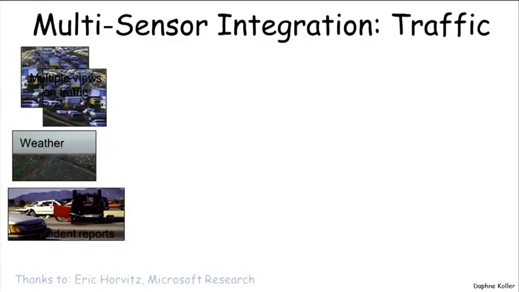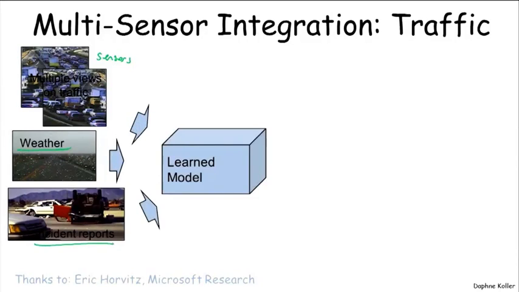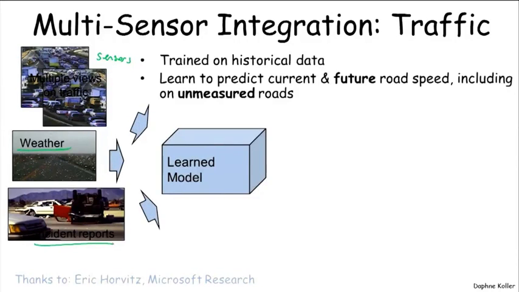A very different example altogether is one that integrates data from multiple sensors. This occurs in many applications. One such is for integrating data related to traffic from both sensors that we might have in the road or on the top of bridges, weather information, incident reports that we might get in some form. We'd like to take all this together and use a model that, as it happens, was learned from data.